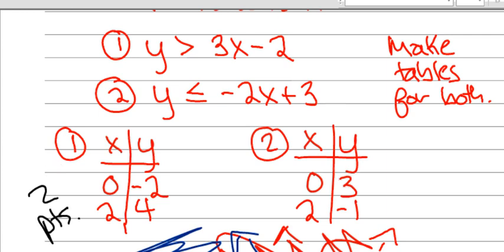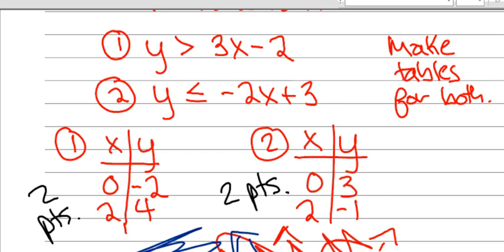I'm going to use 0, -2, and 2, 4. And for the second one, for y is less than or equal to negative 2x plus 3, if you want to put that in your calculator and bring up 2 points, I'm going to use 0, 3, and 2, -1. Again, I always choose 0, 1, or 2 for my x.